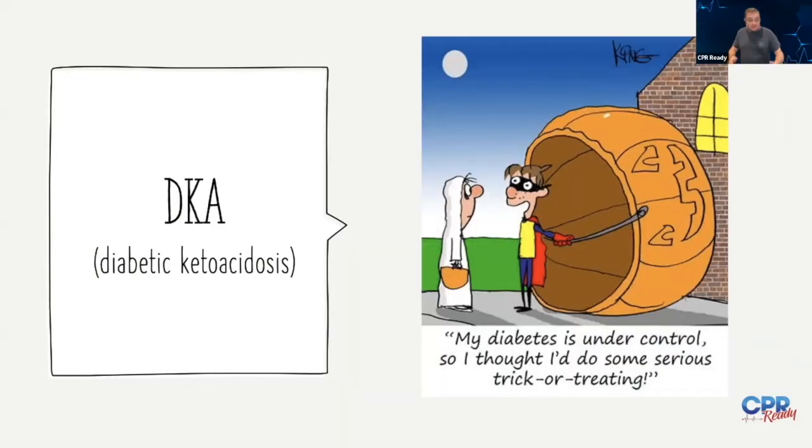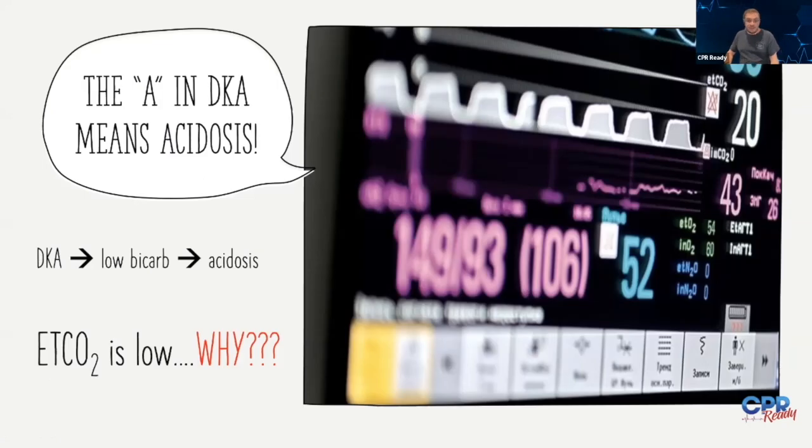Another related condition, because it's also about acidosis, is DKA, because DKA stands for diabetic ketoacidosis. In this case, it's not lactic acid like in sepsis. DKA leads to the person depleting their own internal bicarb stores. Bicarb is a buffer for acid. As they use up their bicarb, they go into acidosis.